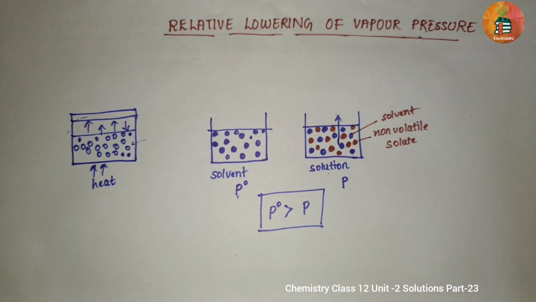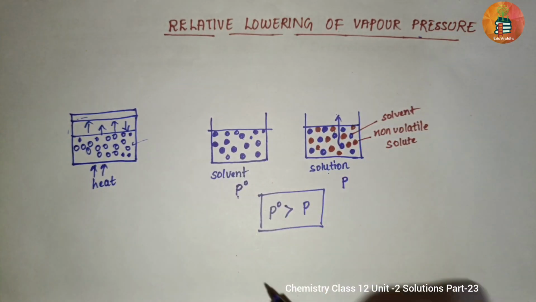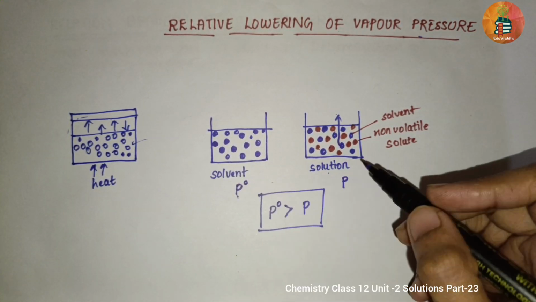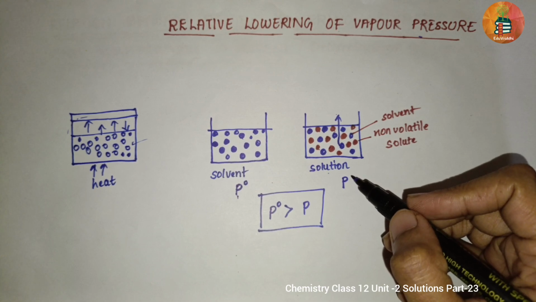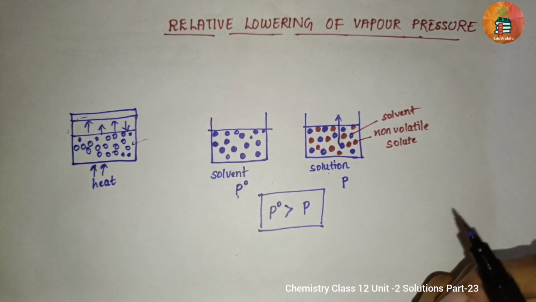As the word tells, if I want to find out only the lowering of vapor pressure, what should I do? We have the vapor pressure of solvent and the vapor pressure of solution. Which is higher? Obviously the vapor pressure of the solvent is higher.